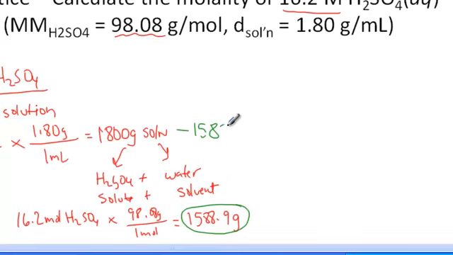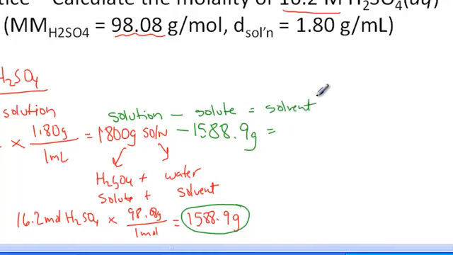The mass of the entire solution minus the mass of just the solute is going to give me the mass of the solvent, which is the water in this case. So if the whole thing weighed 1,800, I'm going to subtract the 1588.9, and it gives me 211.1 grams. That's the mass of my solvent, the water molecule.